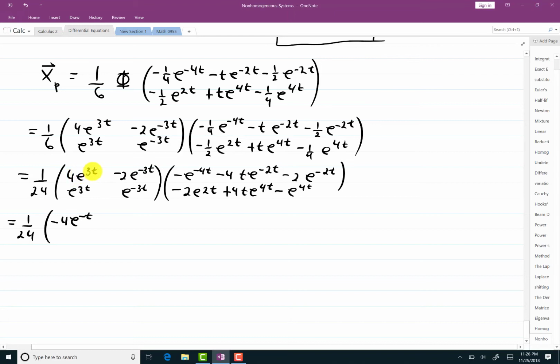Next I'll have 4e to the 3t times negative 4e to the negative 2t. So that gives me negative 16 t e to the t. And then finally I have 4e to the 3t times negative 2e to the negative t. So I have negative 8 e to the t.